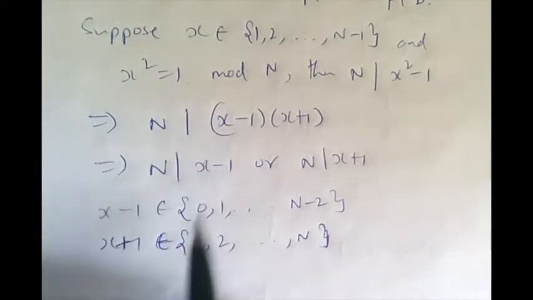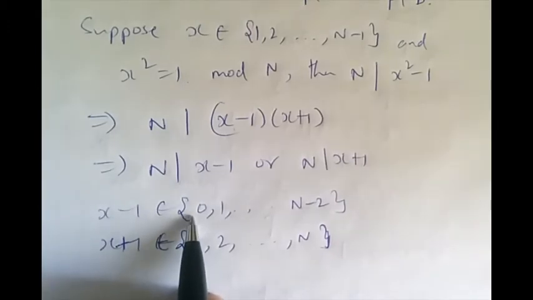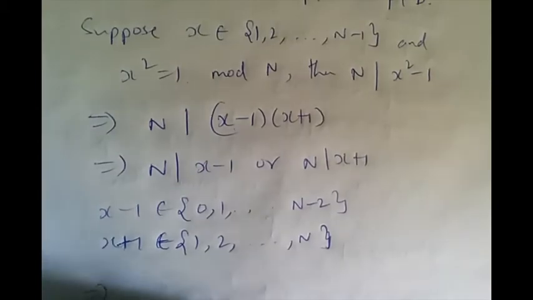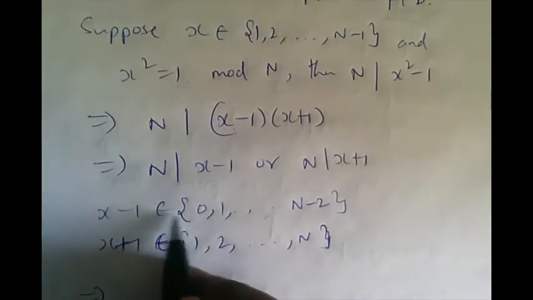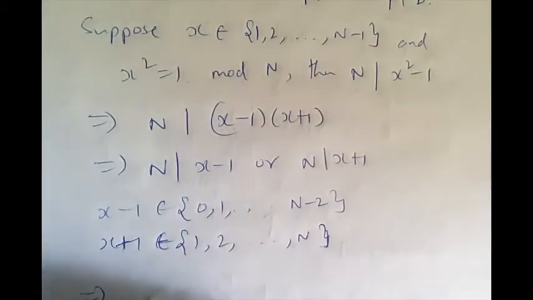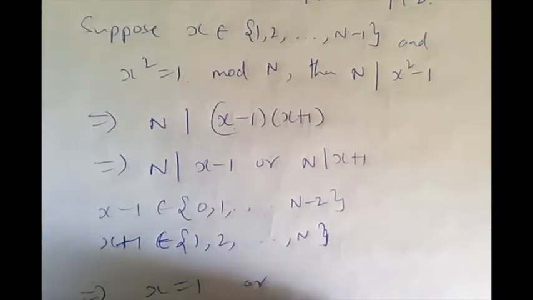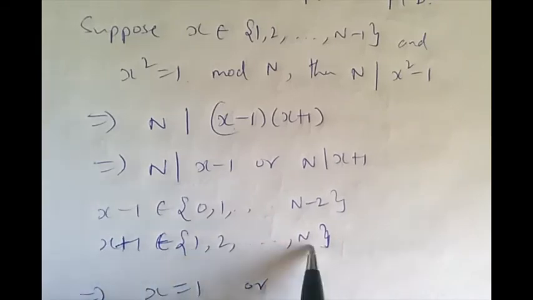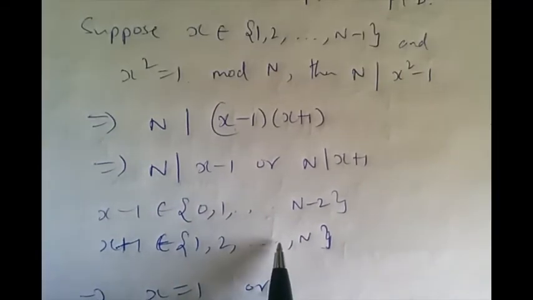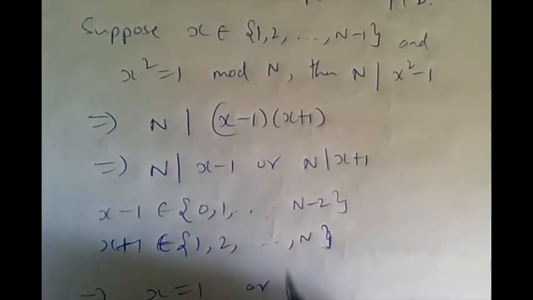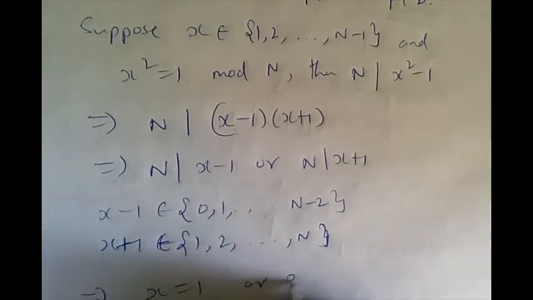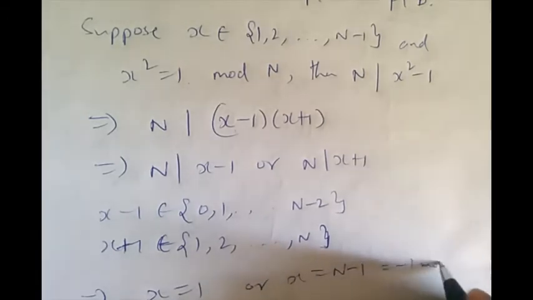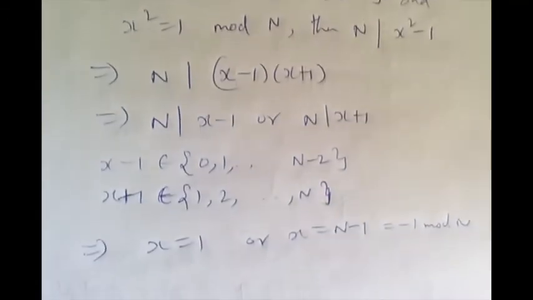So if n has to divide x minus 1, here the only integer n divides is 0. So x minus 1 is equal to 0, which means x equals 1. Or now if n divides x plus 1 and x plus 1 belongs to this set here, the only integer n divides here is n. So x plus 1 is equal to n means x is equal to n minus 1, which is equal to minus 1 mod n.